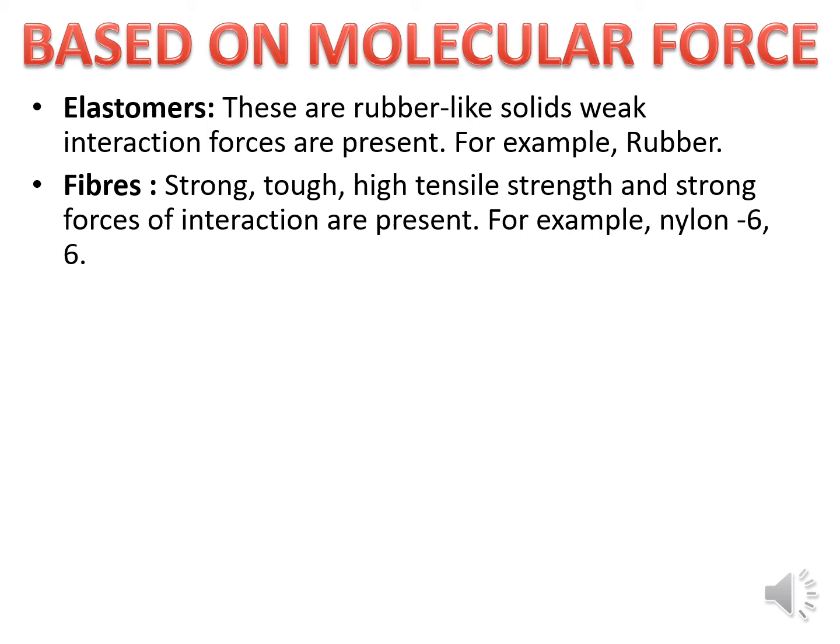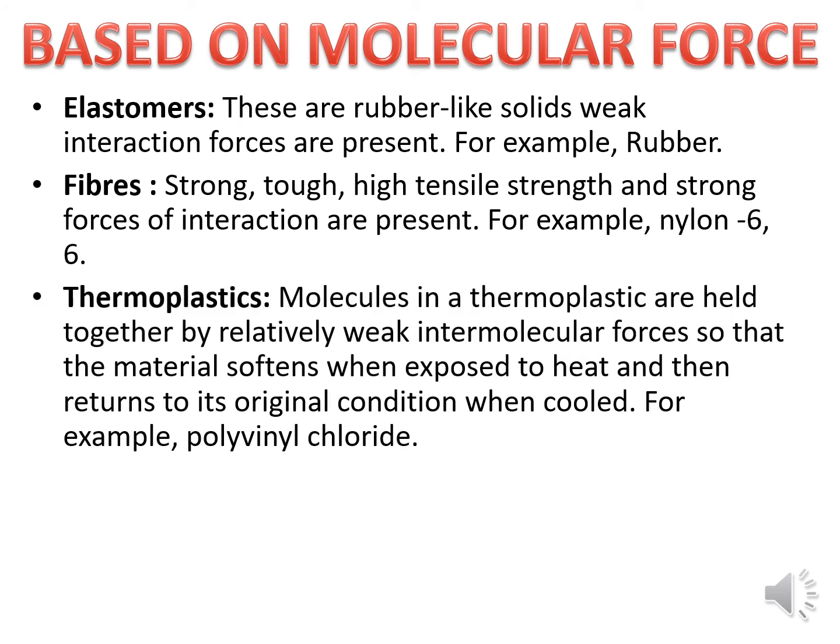For example, nylon. Third, thermoplastic polymers. Molecules in a thermoplastic are held together by relatively weak intermolecular forces so that the material softens when exposed to heat and then returns to its original condition when cooled. Thermoplastics have a wide range of applications because they can be formed and reformed into many shapes.